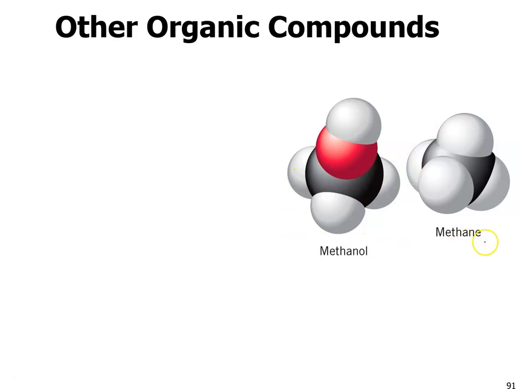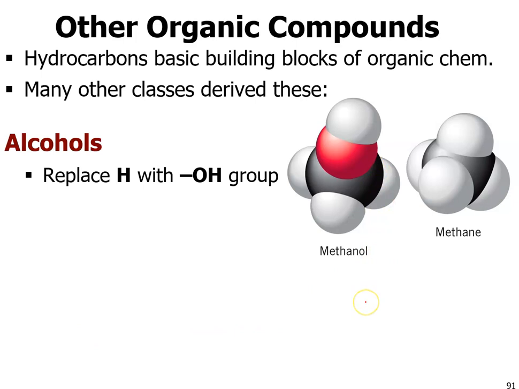If we had an ethane and we add the alcohol group, it's ethanol. Propane, it's propanol. Butane, butanol. So that's how we name some of the simple organic compounds. These are the classic building blocks of organic chemistry and the starting point for talking about organic chemistry.